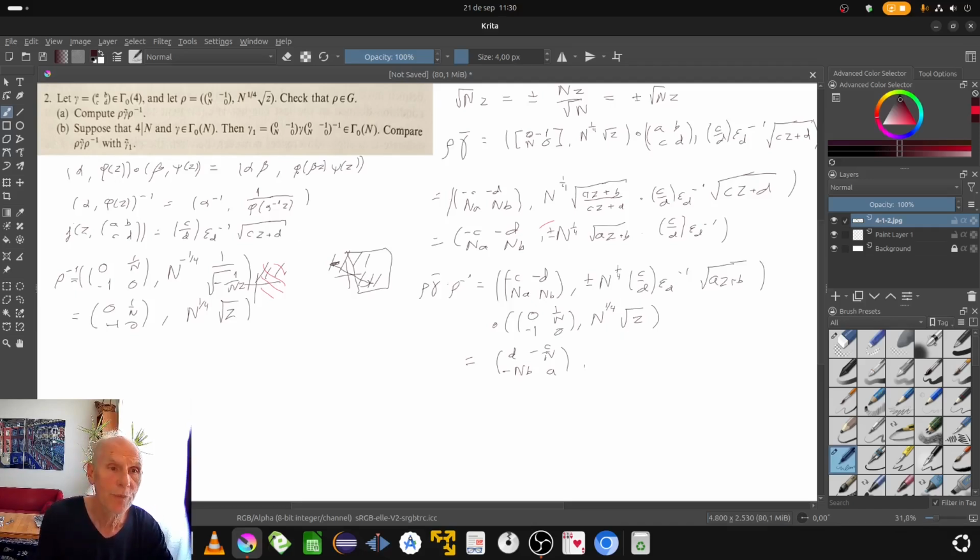Next we have phi of beta z. That is, we operate this, but this z must be 1 divided by n and minus z. Oops.